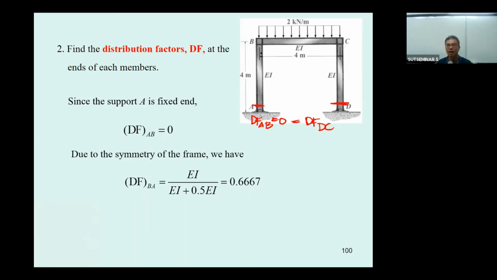It's going to be the stiffness of this column divided by the summation of the stiffness of column plus the stiffness of the beam, and then you get 0.667, and for this one just 1 minus 0.667, the distribution factor, the yellow one, is going to be 0.3333.